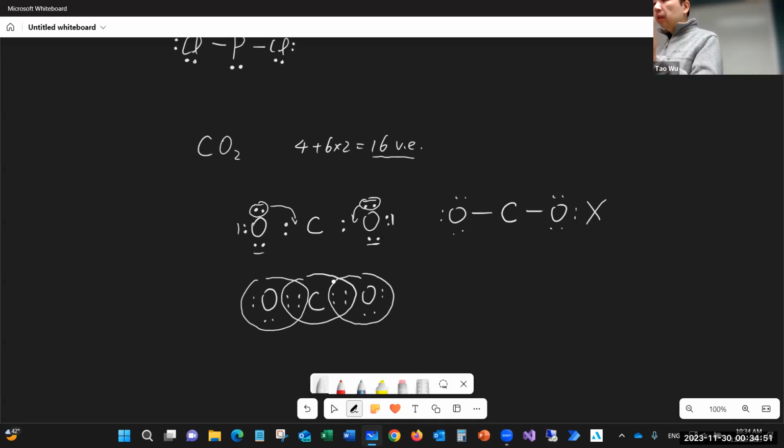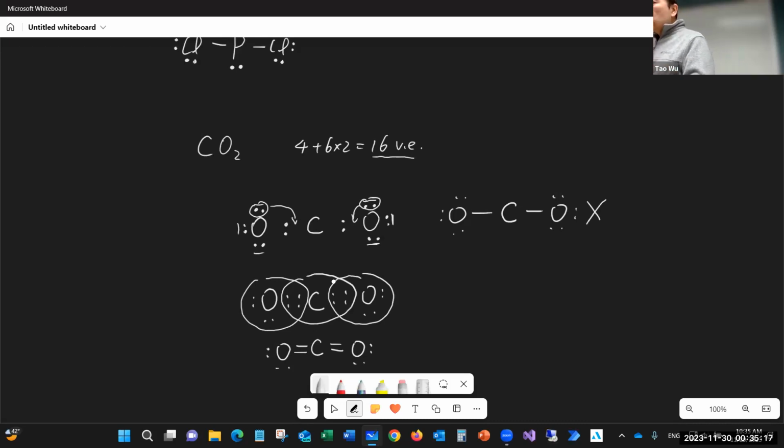So this follows the octet. Then that's going to be the correct Lewis structure, which has 1 double bond on each side of carbon. And then you can write the leftover electrons of the molecule. Then that's it. This is a Lewis structure, right?